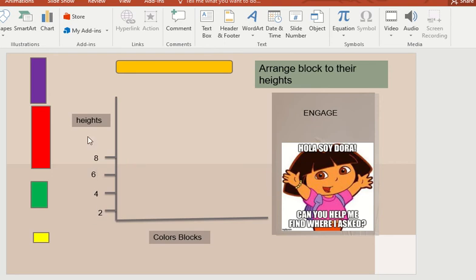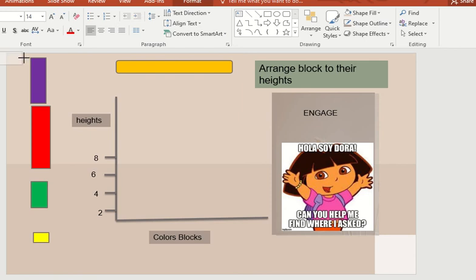Now, if I change my data, for example the marks or points made by the students playing a game are 3, 5 and 7.